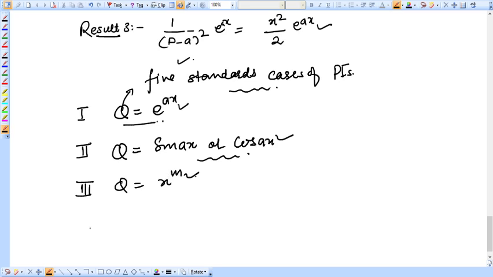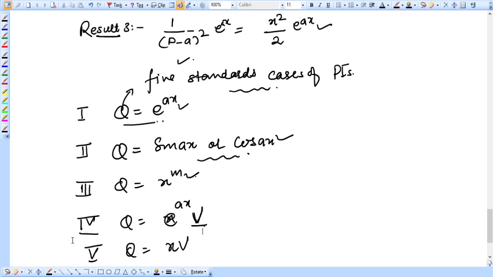In the fourth case, we will see how to solve when Q is equal to exponential ax into some other function V, and in the last case Q would be equal to x V, where V is a function of x. So turn by turn we will be discussing these cases.